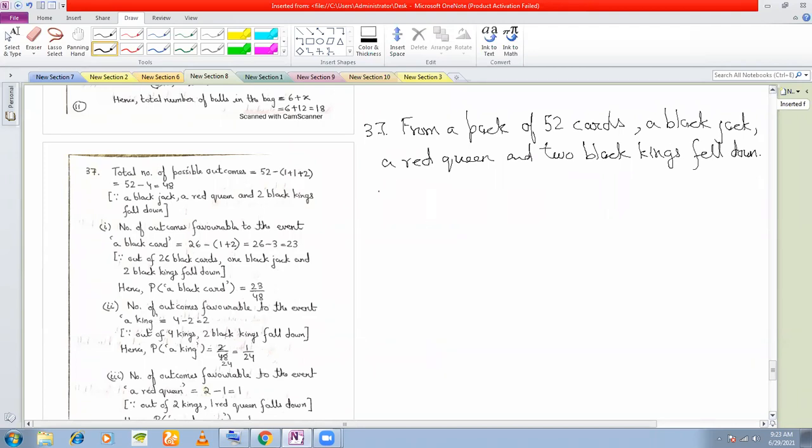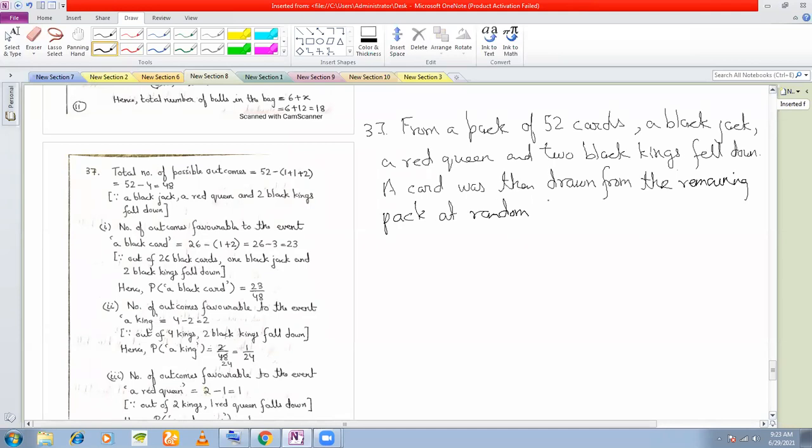A card was then drawn from the remaining pack at random.